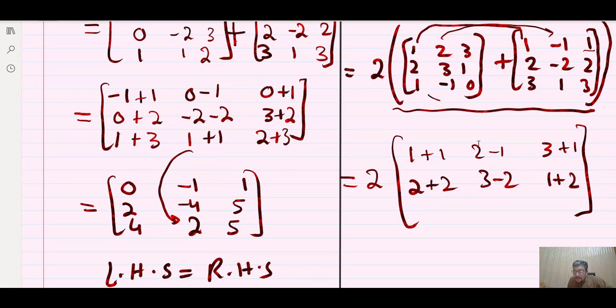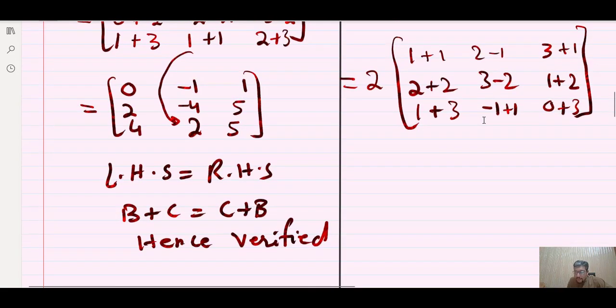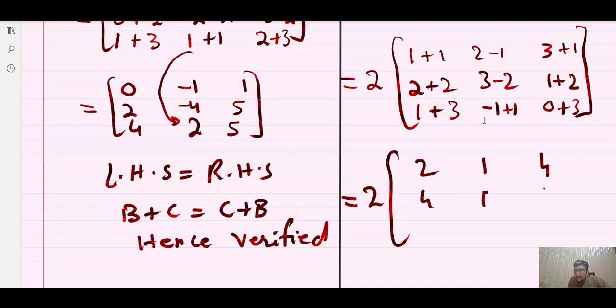In the same way, you have to add the third row of the two matrices. 1 plus 3, minus 1 plus 1, and 0 plus 3. So what you will get from here will be 2 1 4, 4 1 3, 4 0 3.